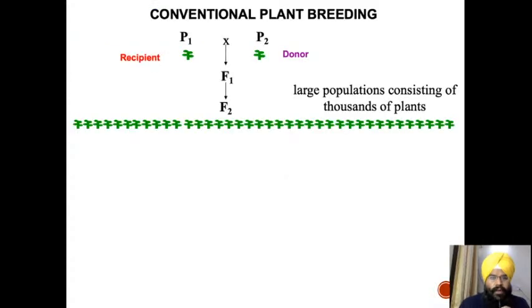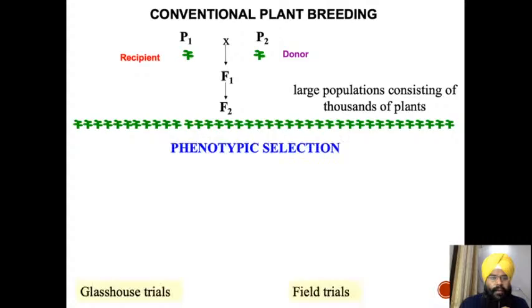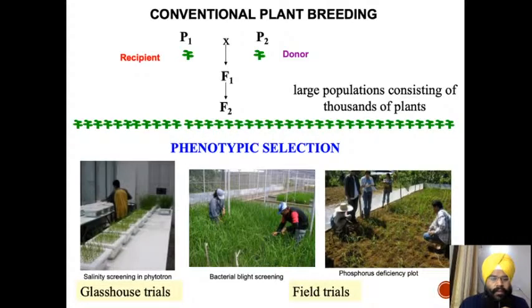So let's say you have plant 1 and plant 2. Plant 1 is a recipient and plant 2 is your donor. You have a first generation F1, then the F2 generation, and after F2 you have thousands of inbred plants from plant 1 and plant 2. So it's time to do the phenotypic selection. First the glasshouse trials will happen, then the field trials.